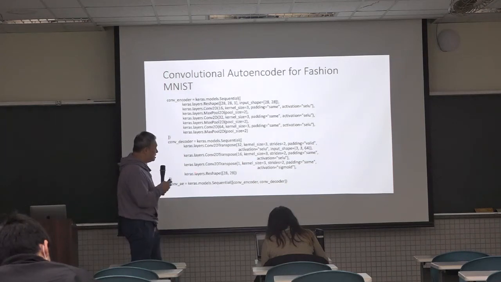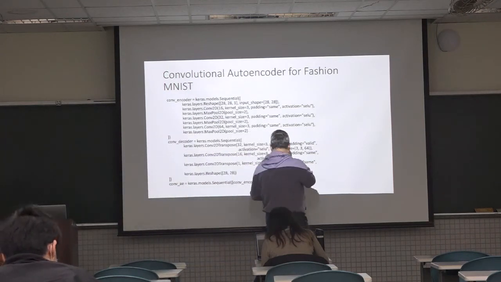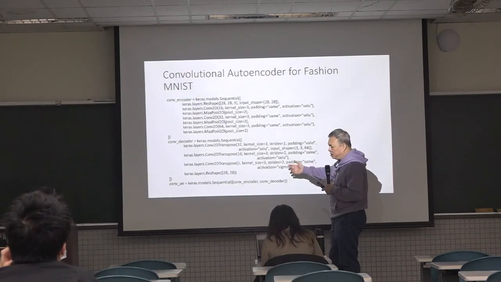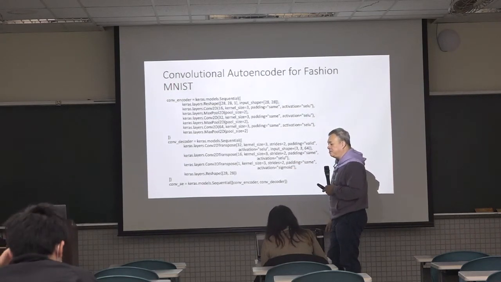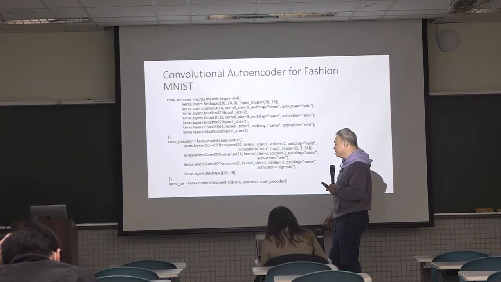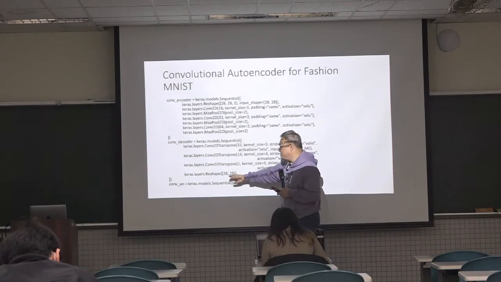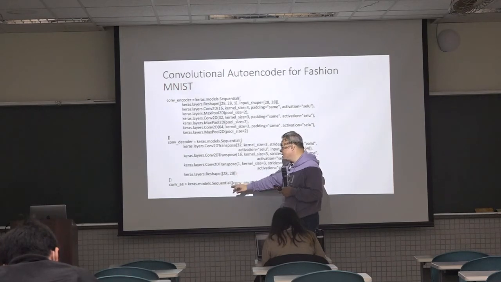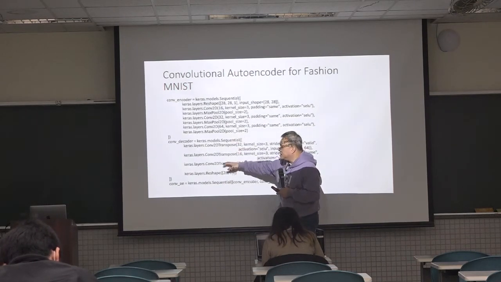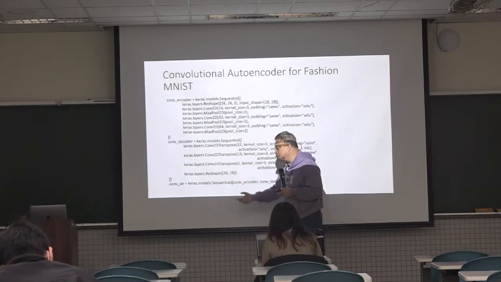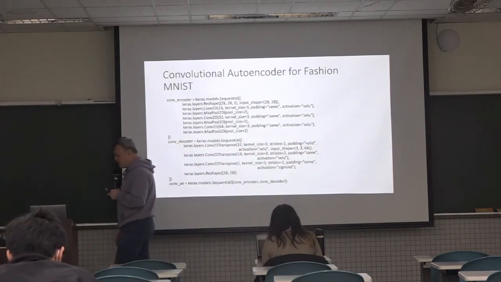You can see here we still use the sigmoid activation. Remember, we still treat each pixel as a binary classifier, so this activation is sigmoid. We reshape it to 28 by 28, so we get rid of that third dimension. So this is the decoder, and then we combine encoder and decoder to form our convolutional autoencoder. That's it.